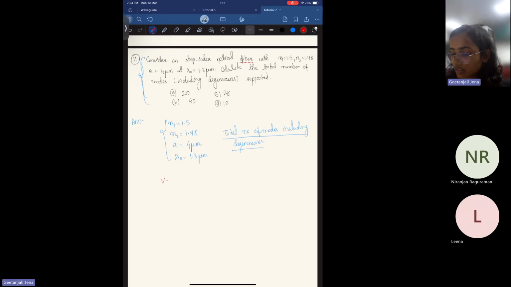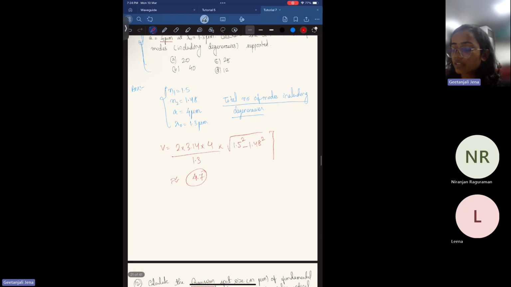So V is 2 pi A over lambda 1.3 square root of 1.5 squared minus 1.48 squared. Yes, it should be 4.7. So this value is around 4.7.